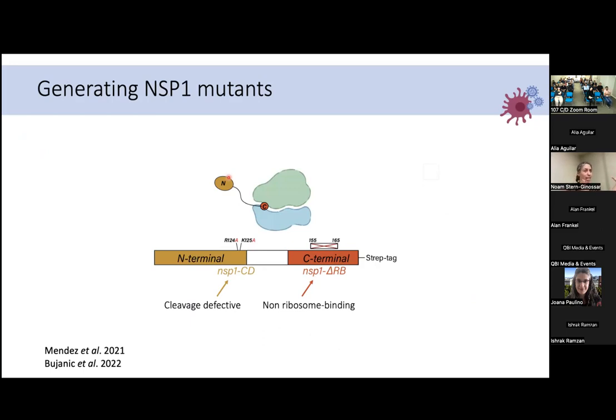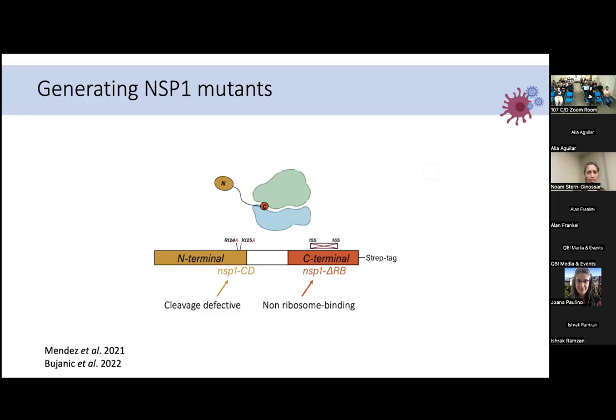It has a big N-terminal globular domain and a short C-terminal domain that actually blocks the ribosome. So we had these 10 amino acids in the C-terminal domain. This prevents ribosome binding. And then we had a 2-point mutation in the N-terminal domain that in the original work from Shinji Makino, he suggested that these amino acids are important for the RNA degradation. So we call this one NSP1-CD for cleavage defective and NSP1 delta RB.